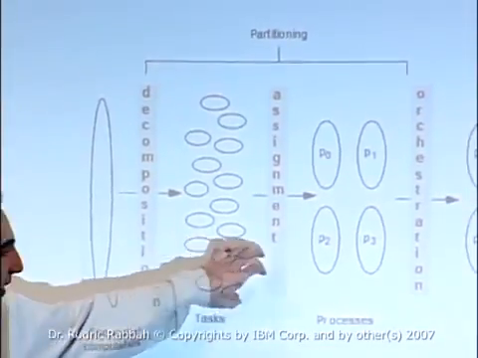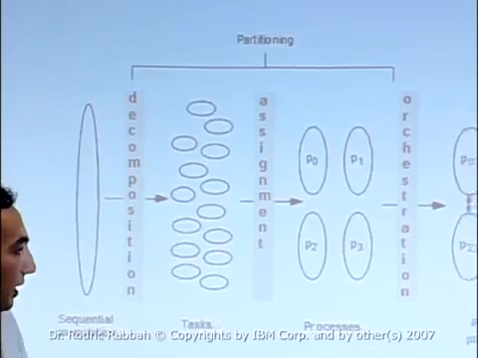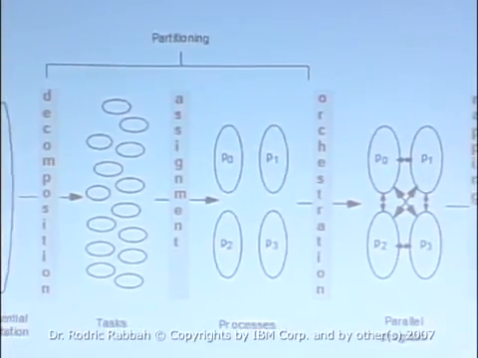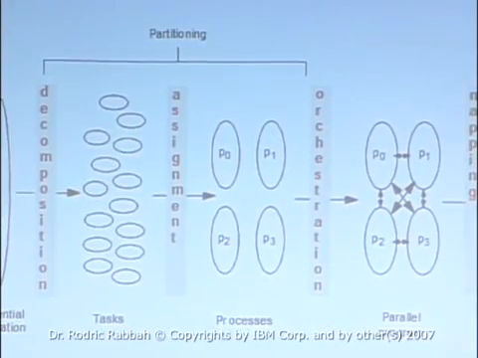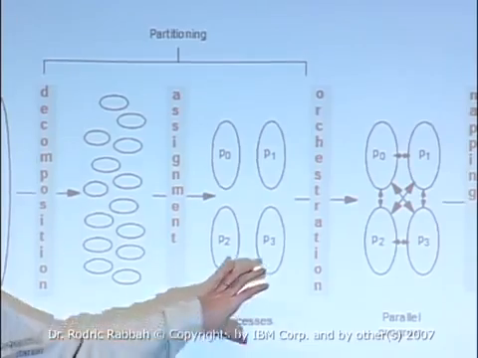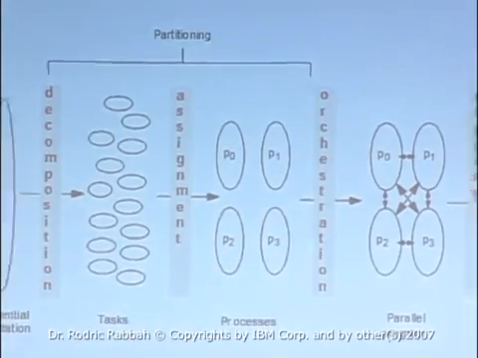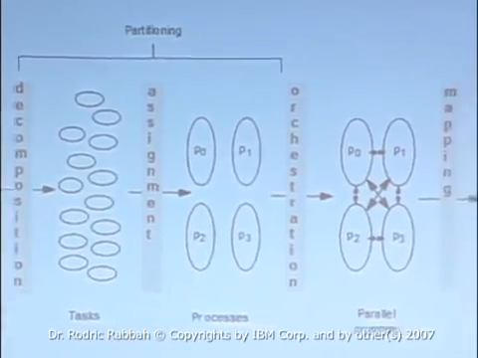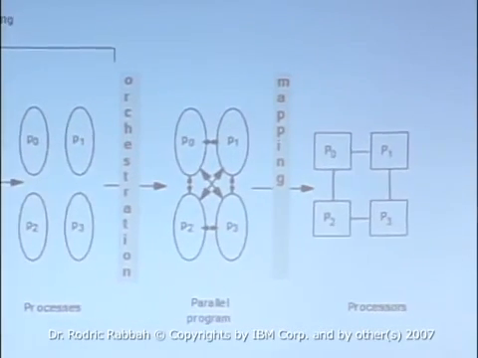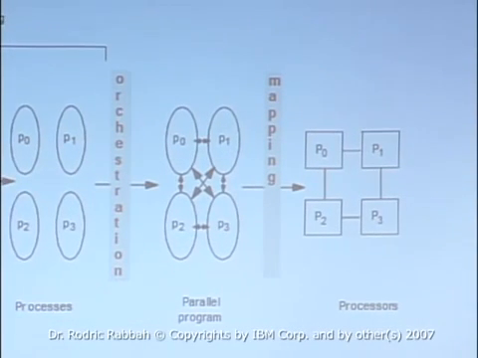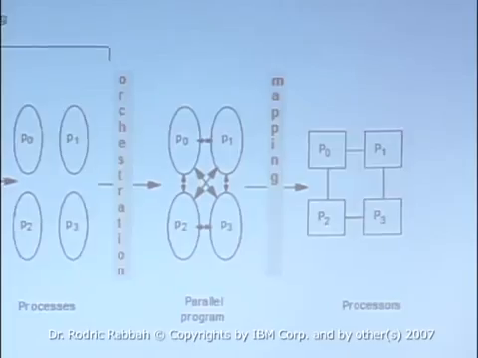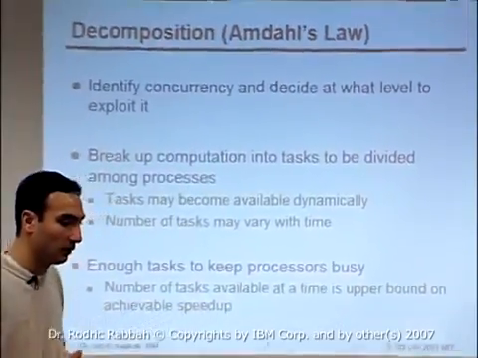Then you group them together, which is some granularity adjustment, and you map them down to processes. These are things you compose into threads, for example. Then you have to plop these down onto actual processors, and they have to talk with each other. So you have to orchestrate the communication, and then finally do the execution. We'll step through each one of these at a time.